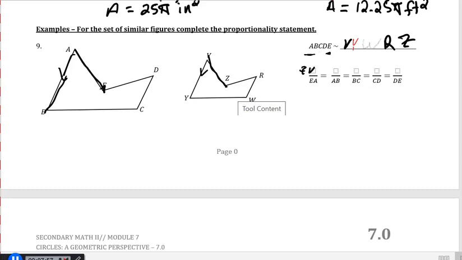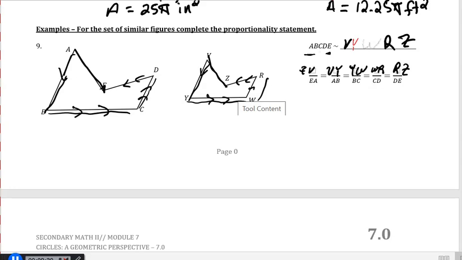So we're going to go in that direction from V to Y. B to C, we're going here. So we do the same thing down here. That would take us from Y to W. C to D. So that's us going from here to here. So that means we're going to go from W to R. And then our last one, D to E, would take us from R to Z.